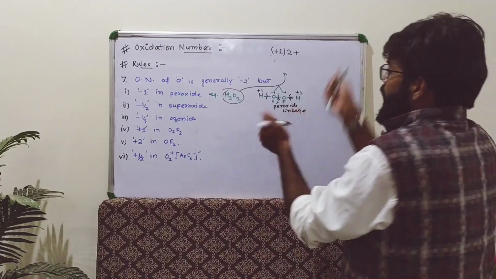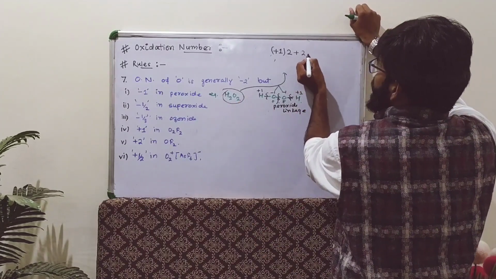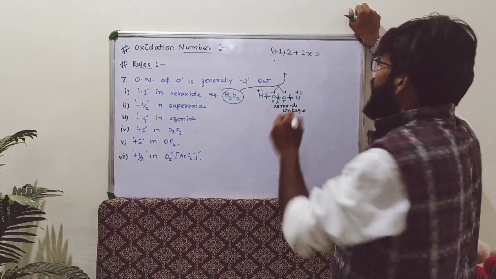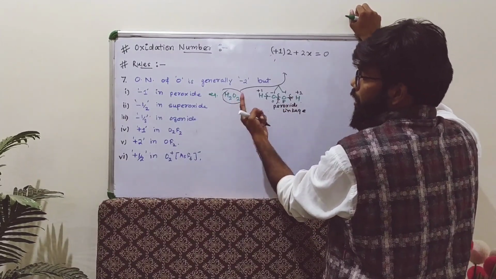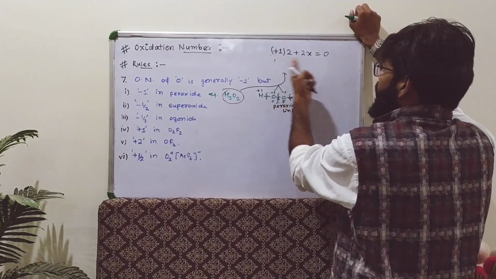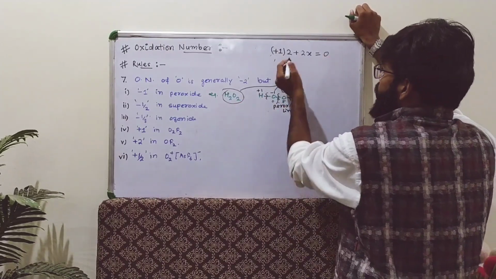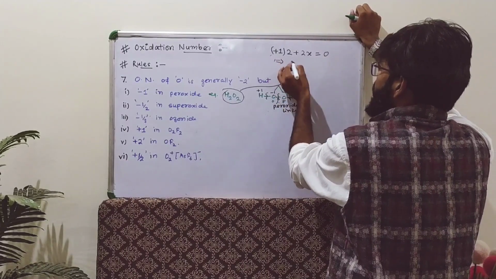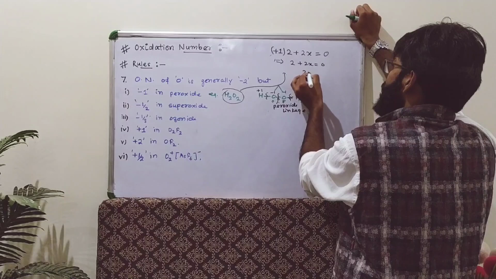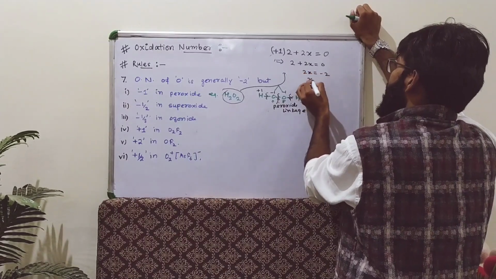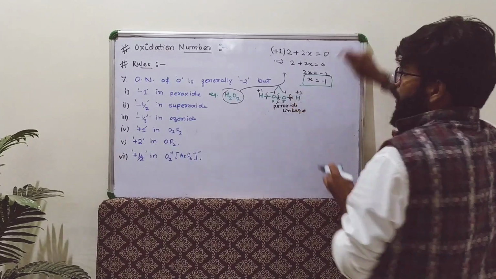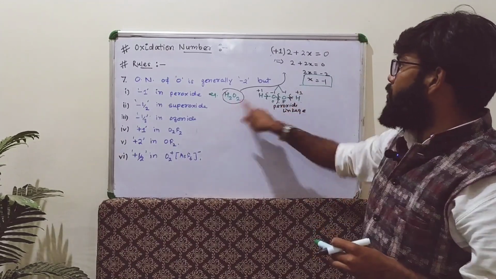Here 2 atoms are there, so 2x. According to the first rule, the sum of oxidation numbers of all elements present in a compound will be equal to 0. So I put 0 here. We have to solve this simple equation: 2 plus 2x is equal to 0, that is 2x is equal to -2, x is equal to -1. So from here also the oxidation number of oxygen in this compound is -1.